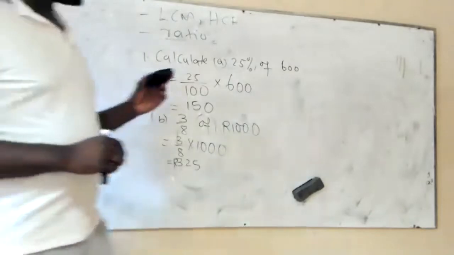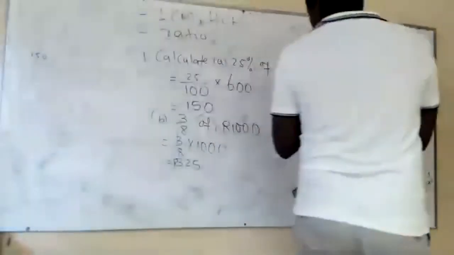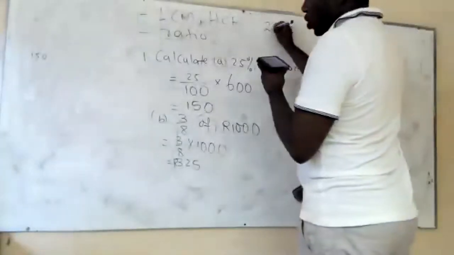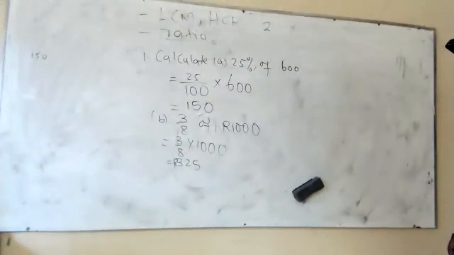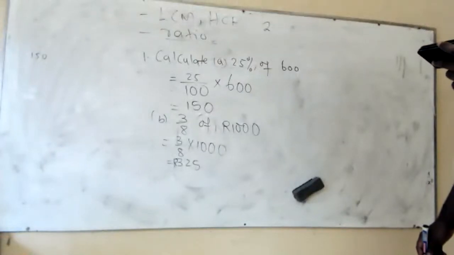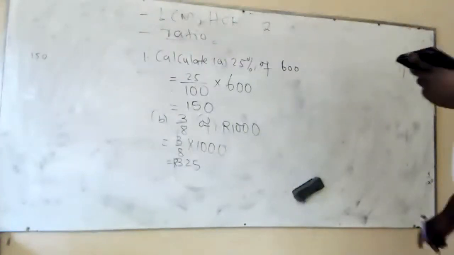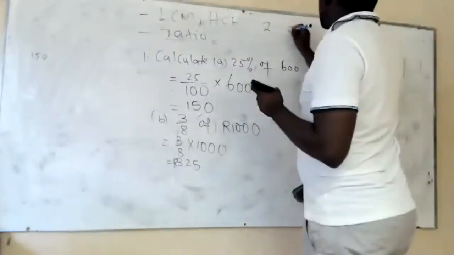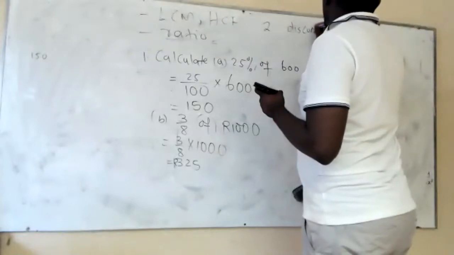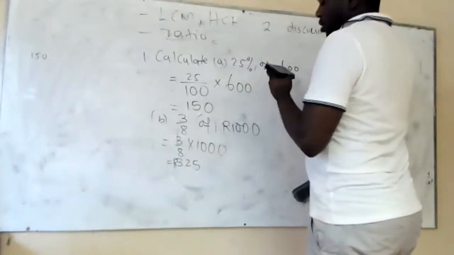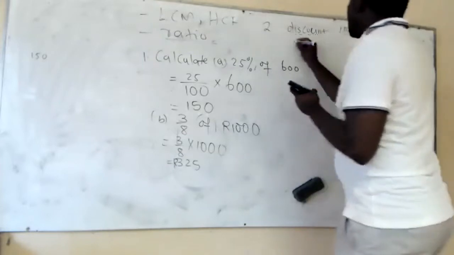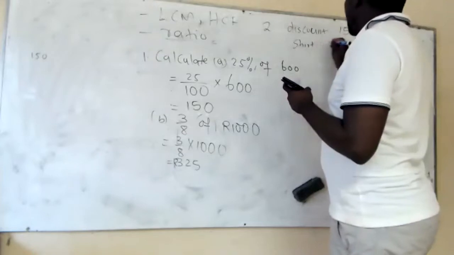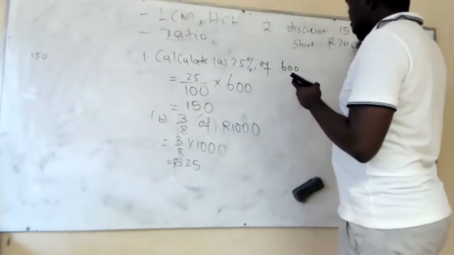But there's a second interesting question on your homework. This question is about a shop which gives a 15% discount on a shirt which costs 700 rand.